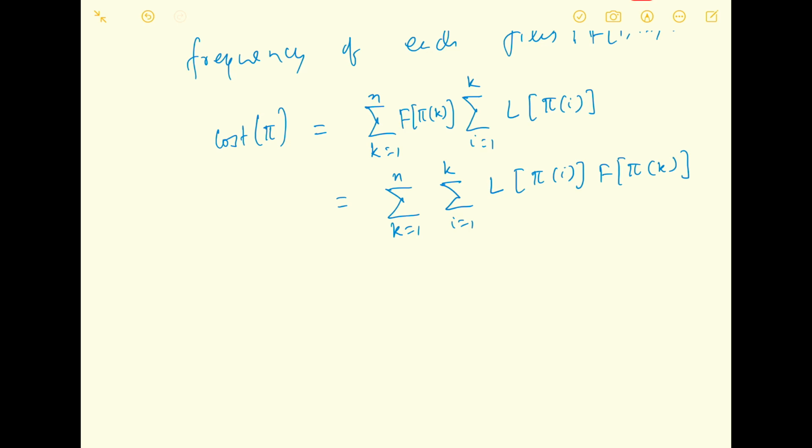Now what if both of them vary? That means the file lengths can be different, and the access frequencies can also be different.